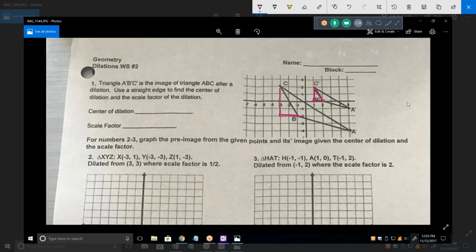Therefore, the relationship is constant of any side versus the other side. In other words, from there to there is 4, from there to there is 2, from there to there is 2, from there to there is 1. So it is a 2 to 1 scale factor.